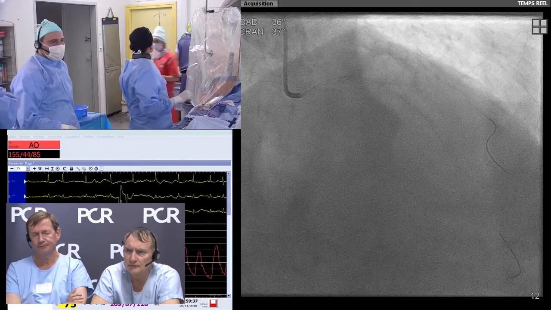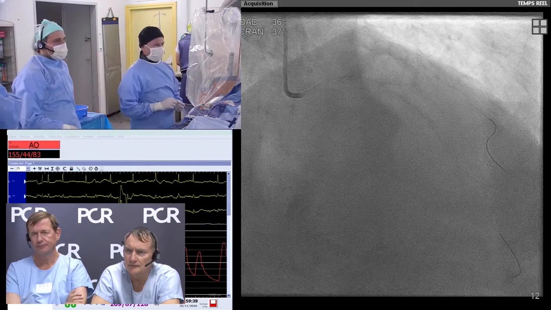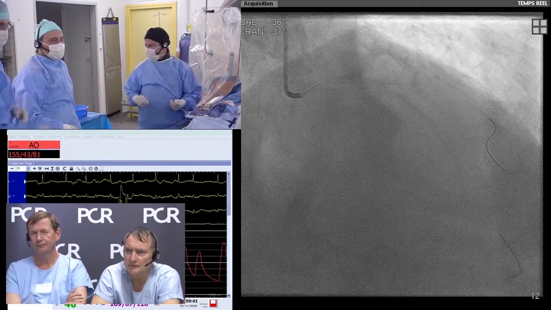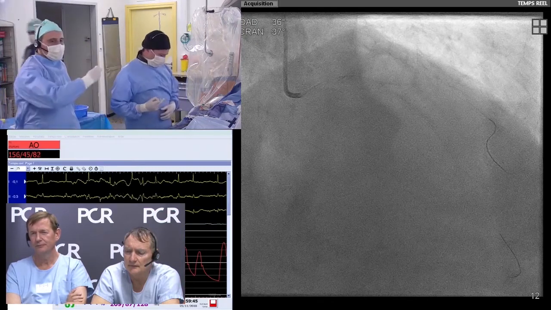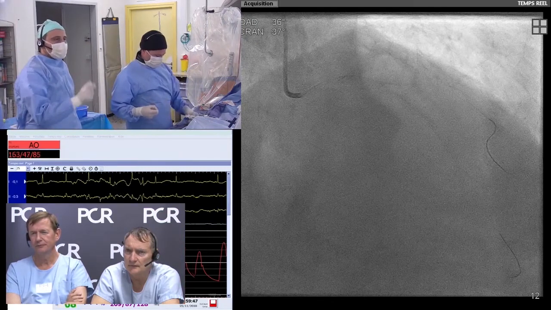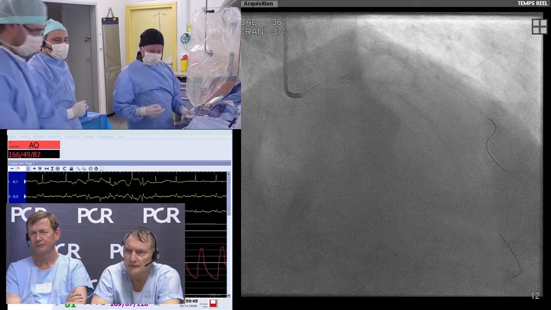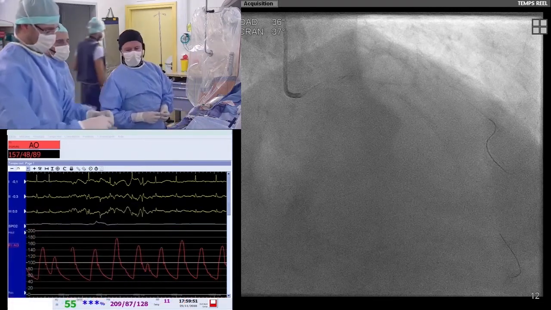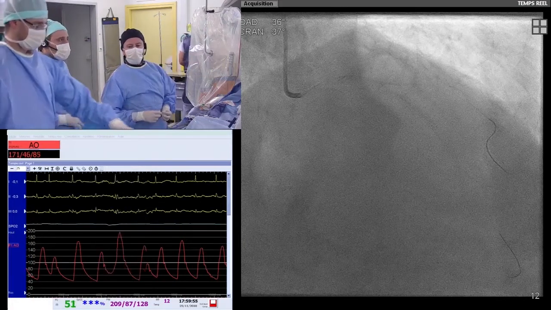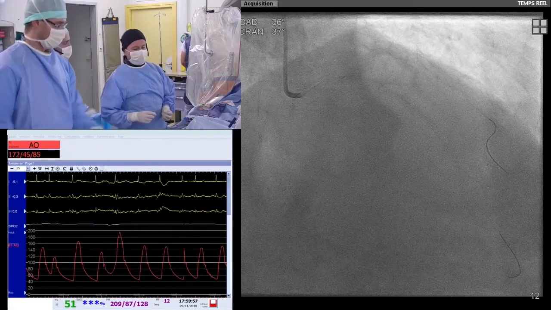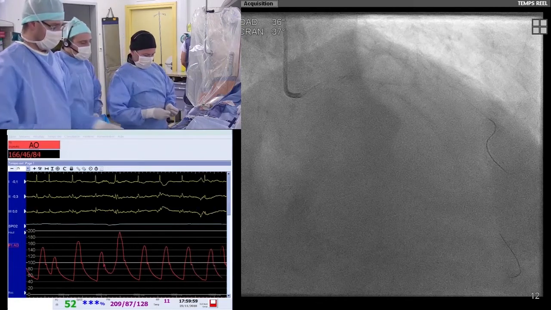That is the beauty, and we were just commenting on this before with Nicolas off screen, that rotablator does not only disconnect the ring of calcium, but also facilitates and smoothens the coronary segment that is upstream to the calcified part. So I suspect that this easy and smooth progression of the stent has also been made easier by the passage of the rotablation burr.